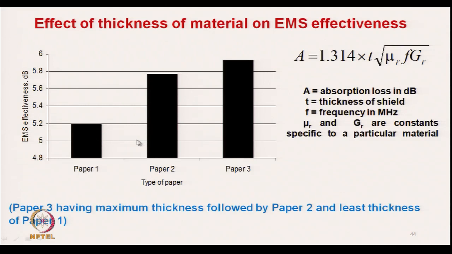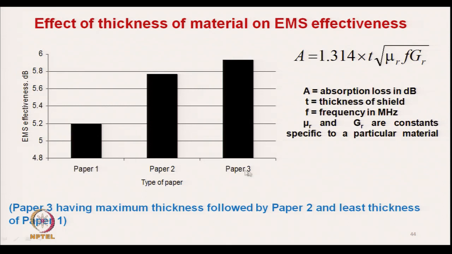Okay. This diagram shows the effect of thickness of the material. Paper 1, paper 2, paper 3 are different types of papers being used with different GSM, grams per square meter, and different thickness.